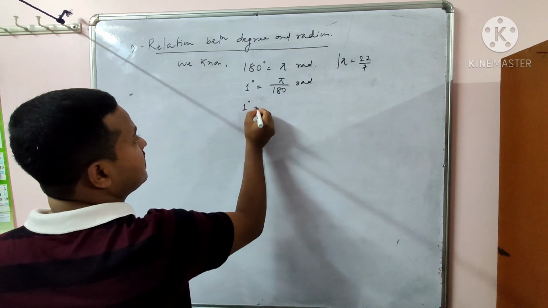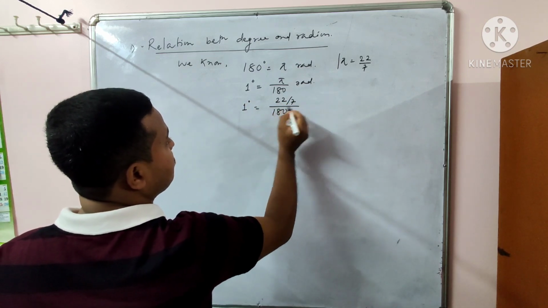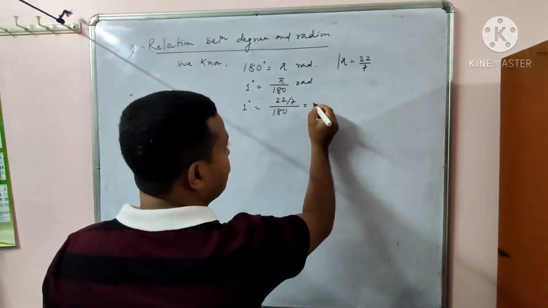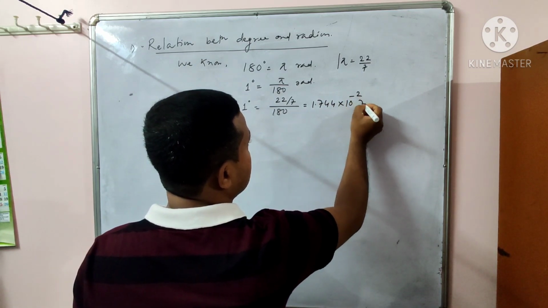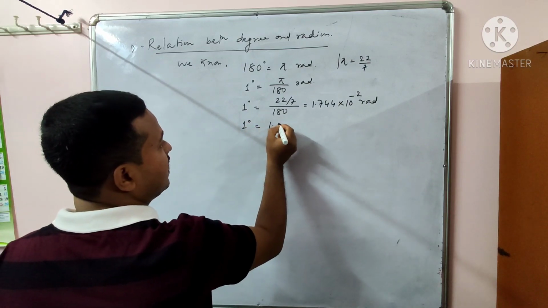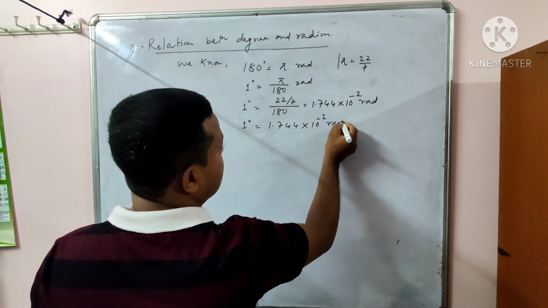So 1 degree is equal to 22 by 7 by 180. If we calculate this, it comes to 1.744 × 10^-2 radian. So 1 degree is equal to 1.744 × 10^-2 radian.